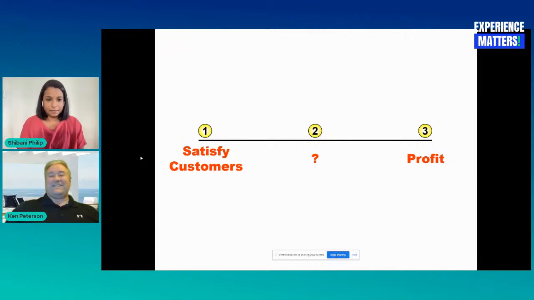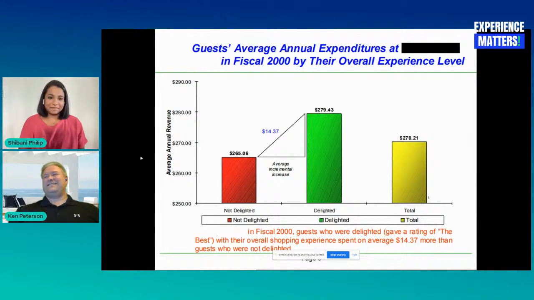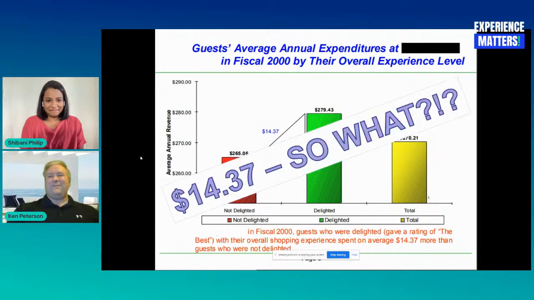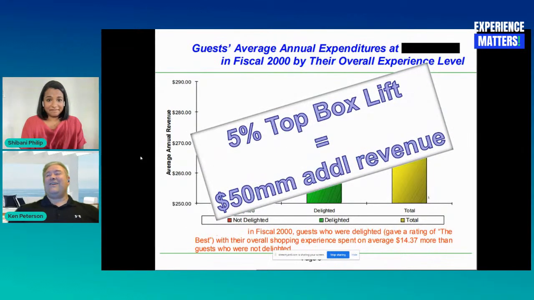And I can say definitively it does. We had a simplified view of it that people could understand and say, okay, this makes sense to me. But hey, that's only $14 per guest. If you took that and said a 5% top box lift, well, that's 50 million in additional revenue. And that was just one component.